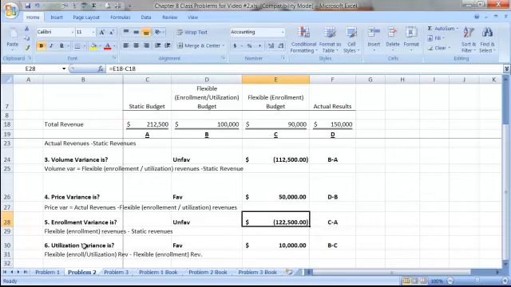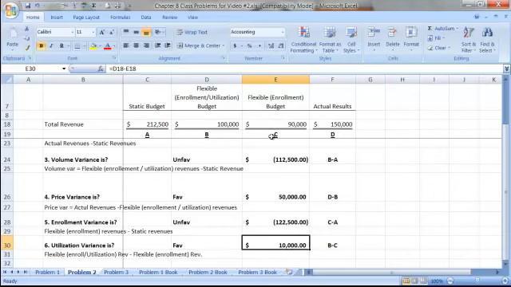The utilization variance is the flexible enrollment utilization here compared to the flexible enrollment. First, you can see we have 100 and we have 90, so it's favorable.